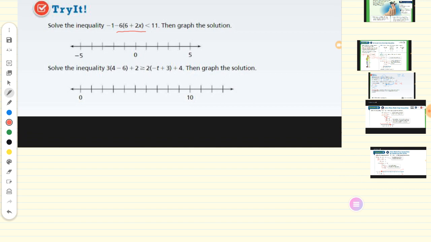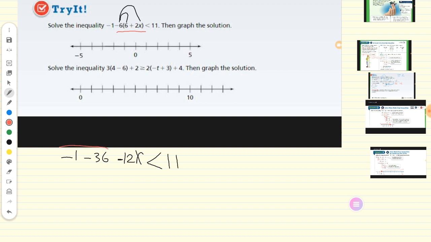So forget about negative 1. So negative 1 will stay as it is, negative 1. Then use the distribution property. It will be negative 36, negative 6 times 6, minus positive, negative negative 2, 6 times 2, 12x, less than 11.